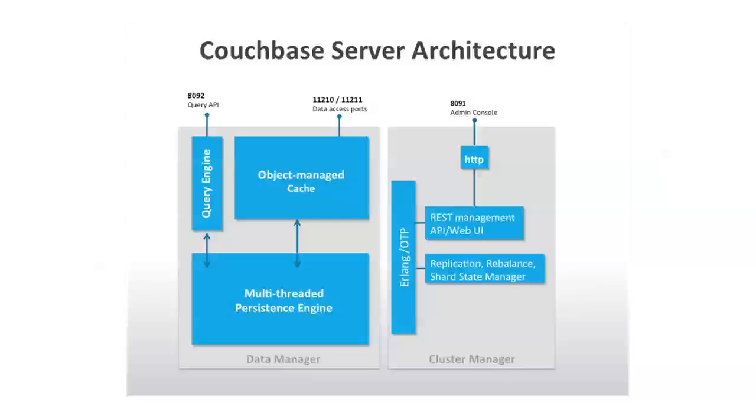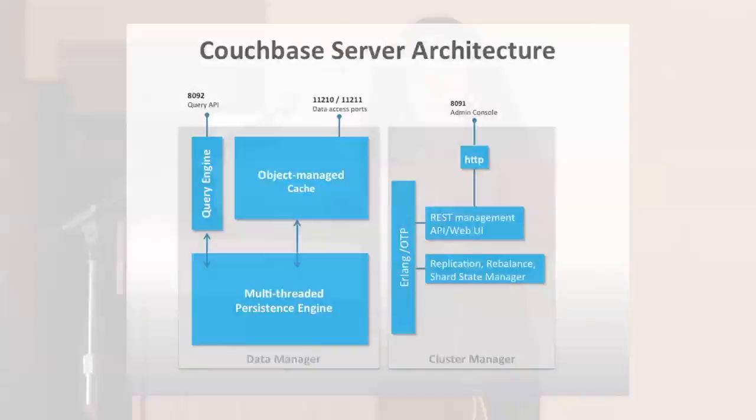And then the cluster manager manages all cluster-wide activities like replication, rebalancing, even the UI, all the REST APIs and so on. And this is what gives the cluster one look and feel. So when you log into our UI, you will basically see a cluster-wide view. You can deep dive individually into servers, into buckets as needed.